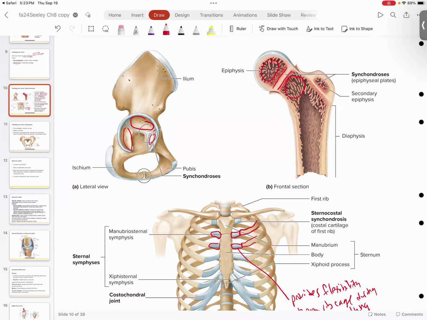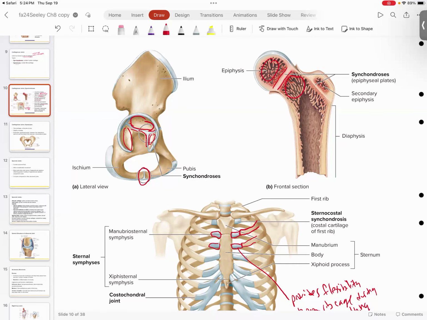All of those have a little bit of hyaline cartilage in there that separates those bones. That is a type of synchondrosis, and that's basically how the acetabulum is formed. And then, of course, the symphysis plug between the two pubic bones is white fiber cartilage.